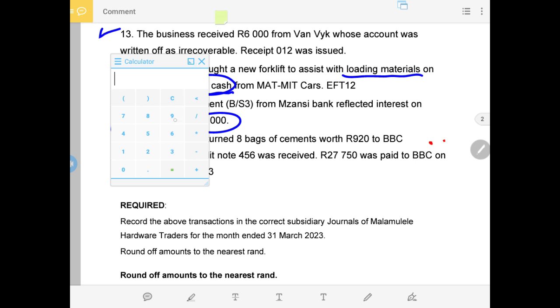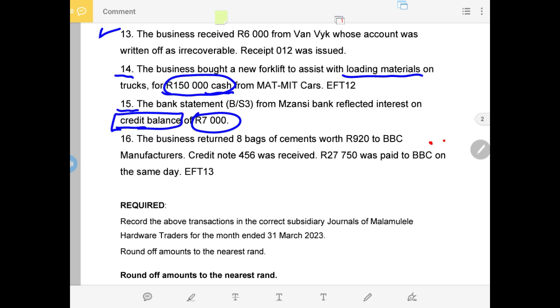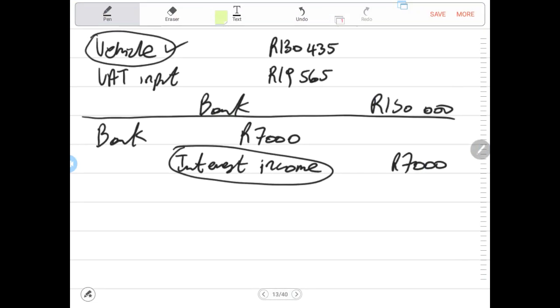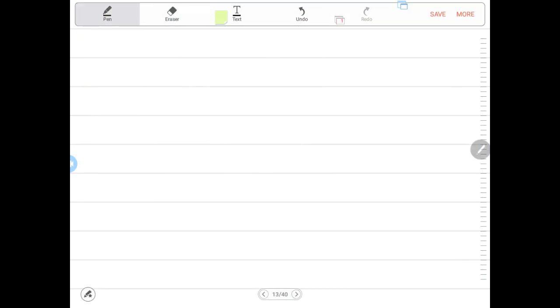Therefore, the 920 includes VAT, but we need to take into account the fact that it's a return. We must include that VAT back. So this is the transaction that is under our returns, which is the creditors allowance journal. If we are returning, note that when we bought, we know what happened.